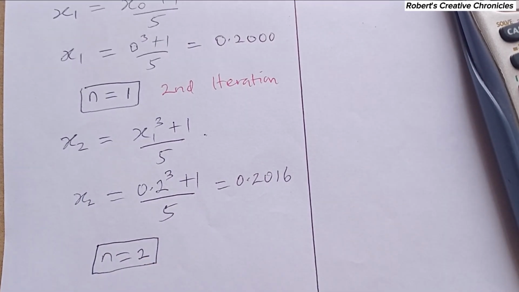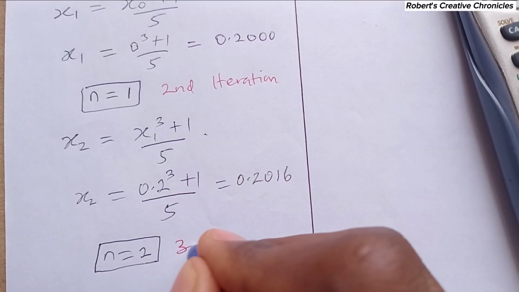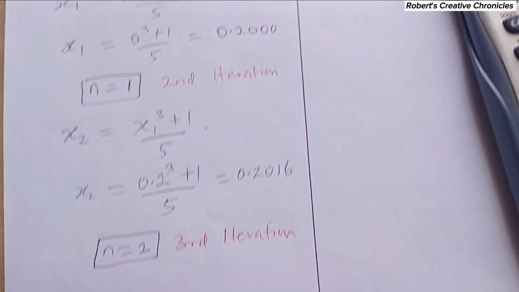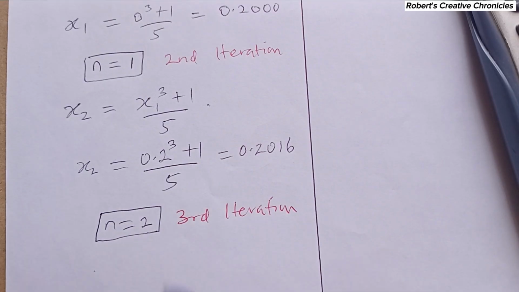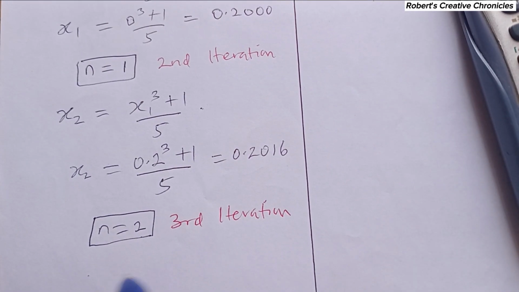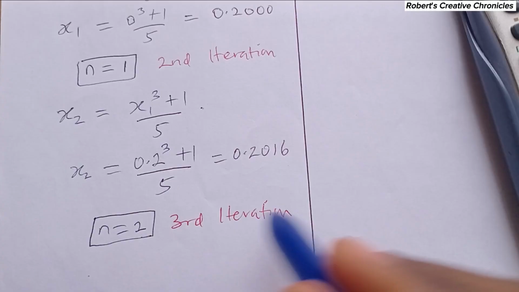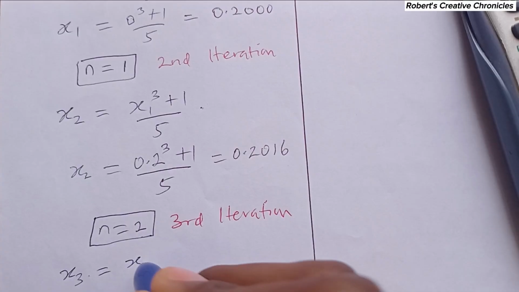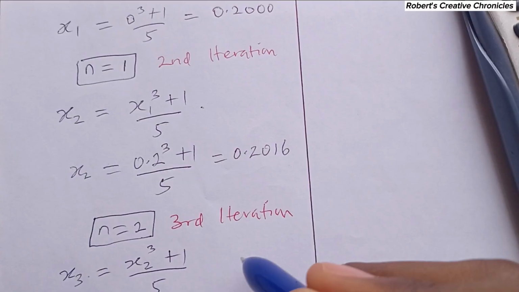We will be doing this iteration until the value keeps repeating itself. So x3 is equal to what? x2 cubed plus 1 over 5.